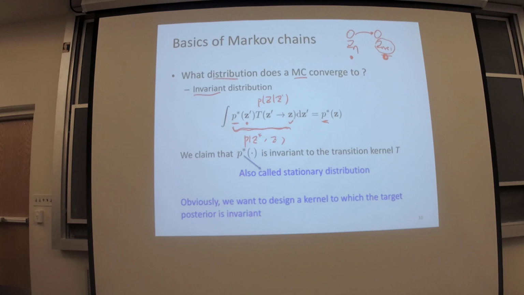So when you start from any distribution, you can multiply with the transition kernel to calculate the joint distribution of the current sample and the next sample. Then you do the marginalization and obtain the marginal distribution of the new sample. But invariant distribution means that after marginalization, I recover my original distribution. This is called an invariant distribution.